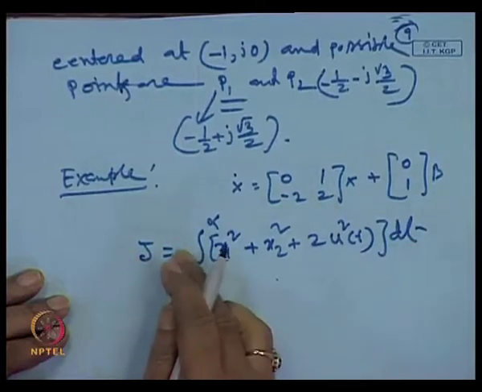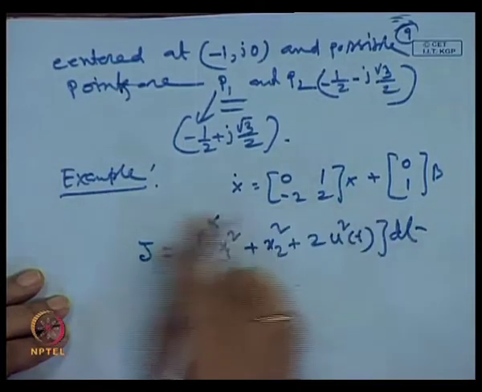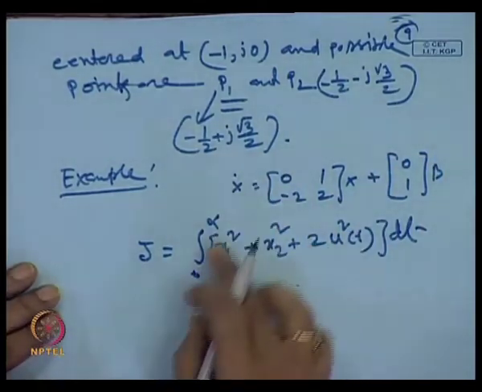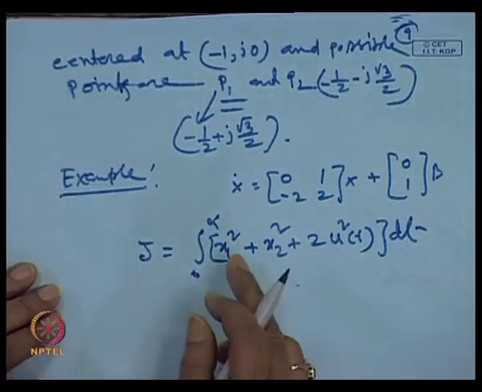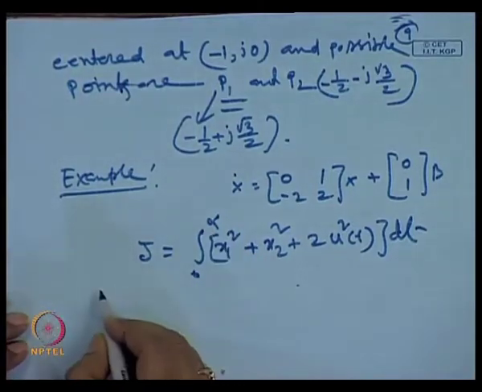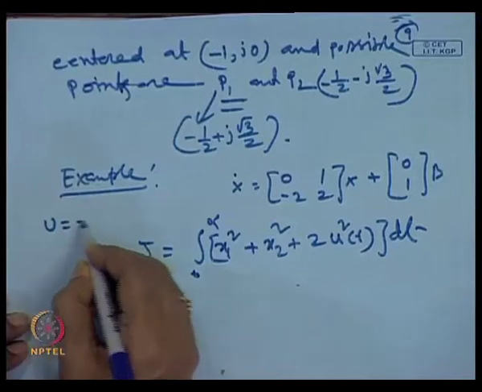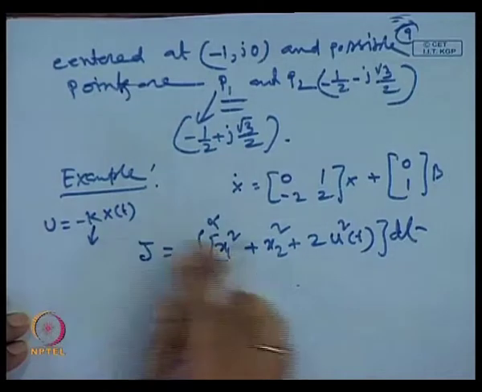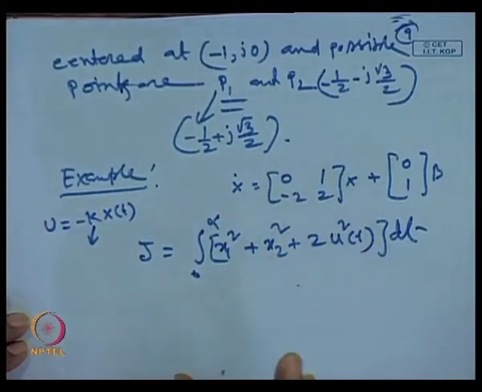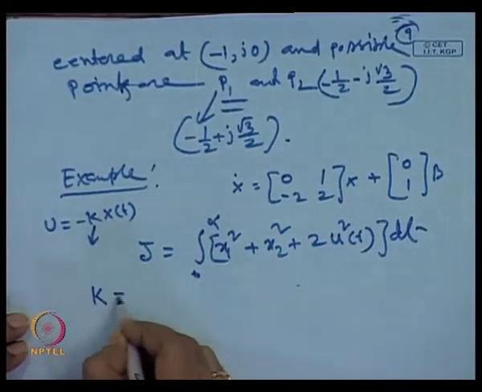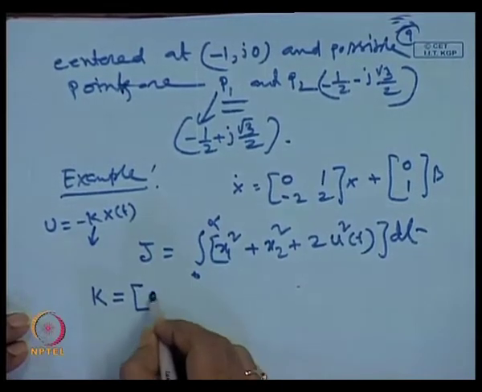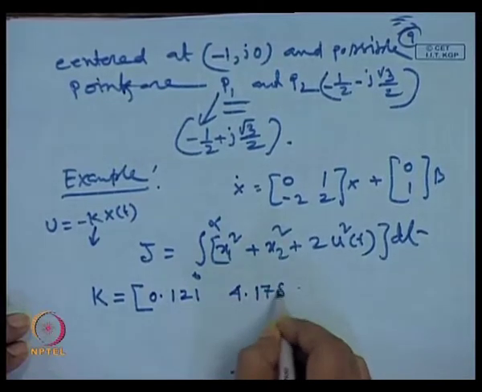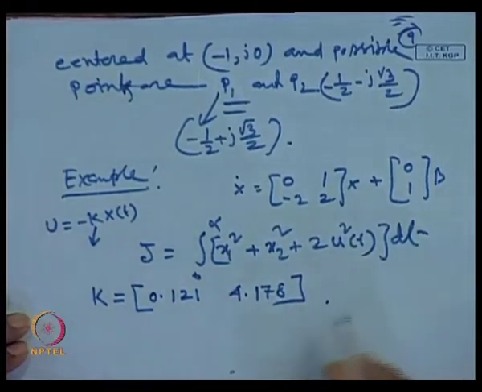You have to put it in the proper format, then apply the LQR controller, which we solved earlier. Our problem is to design a controller u is equal to minus K x(t), where K is the controller gain based on the LQR design technique, and we got the controller gain 0.121 and 4.178.